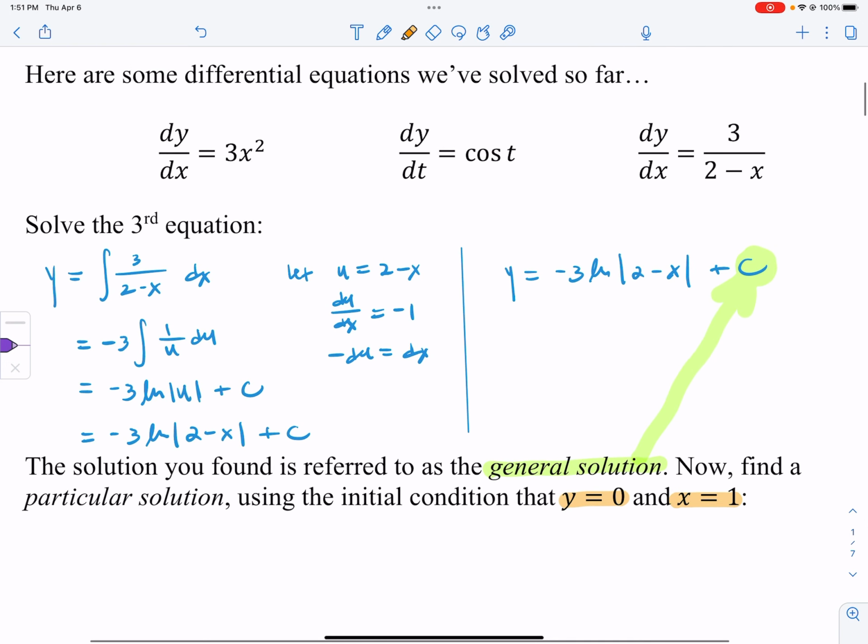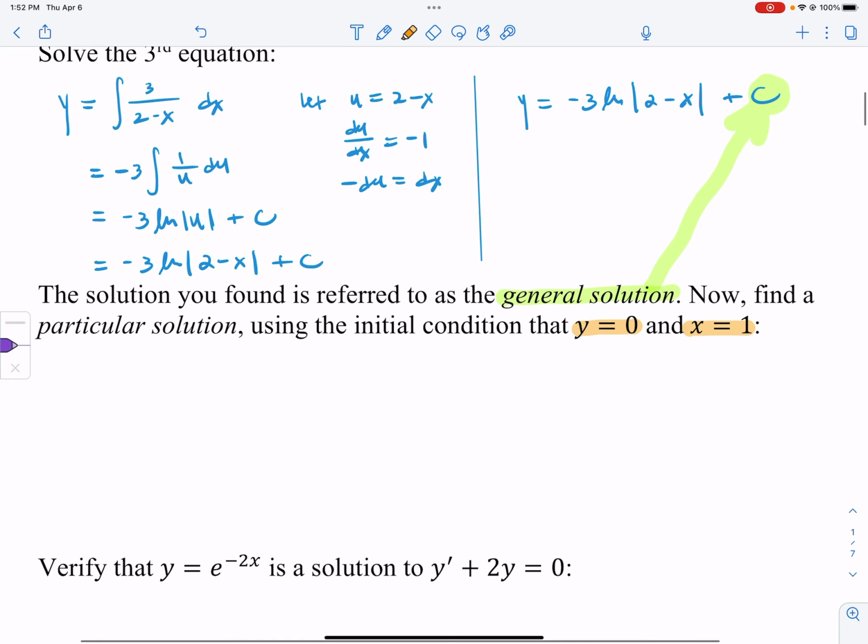So dy over dx equals 3 over 2 minus x would be the derivative of this particular solution. And we are trying to find the original function that passes through the point (1, 0). Okay, so in order to solve for c, we are going to replace y with 0 in the general solution and x with 1.